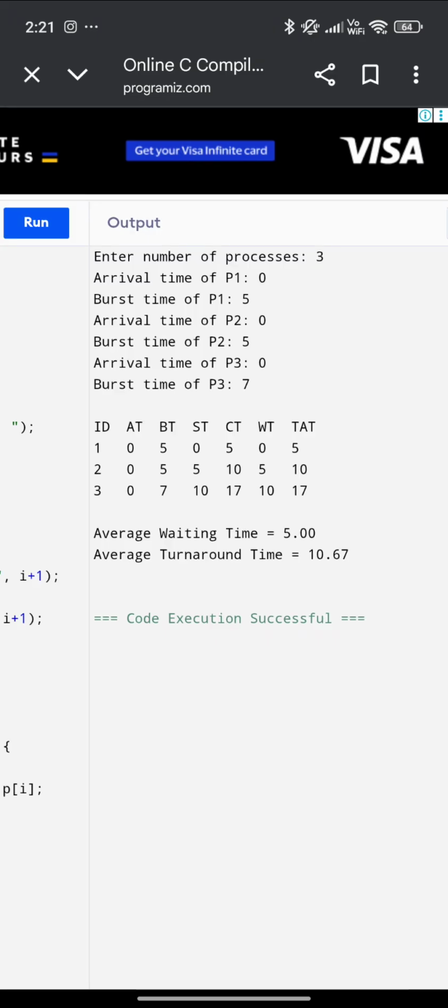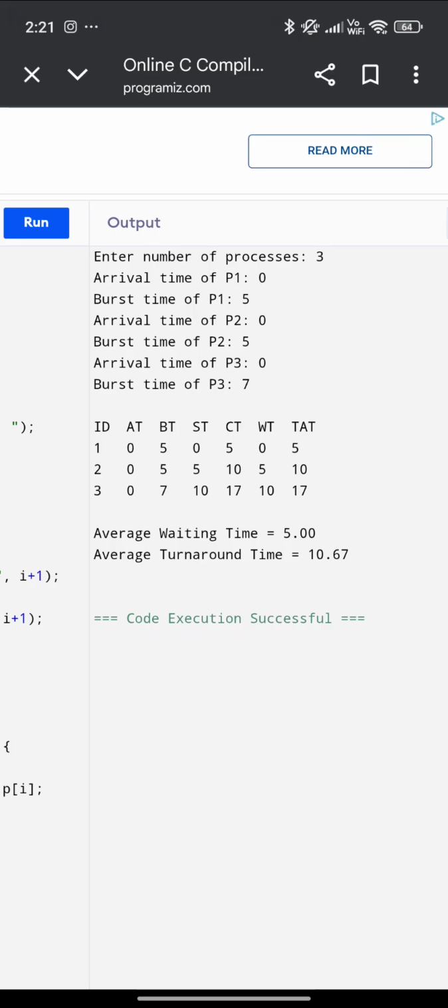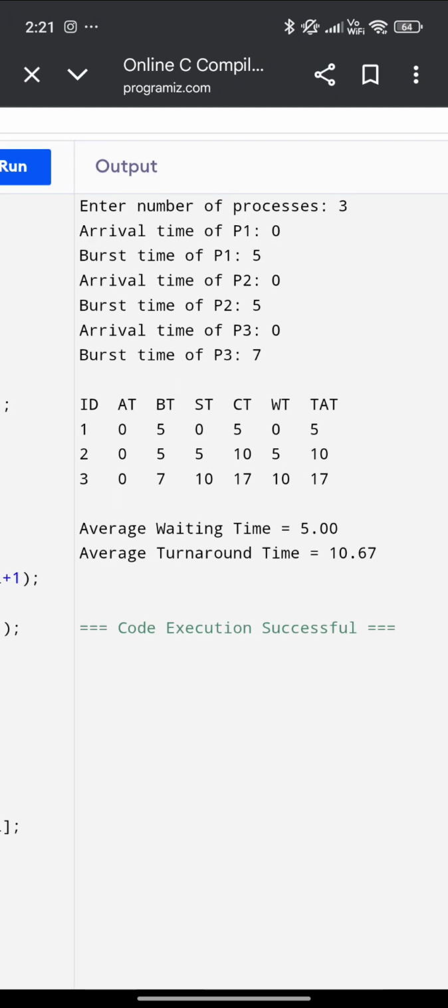And here we have to calculate the average of the waiting time. So we do 0 plus 5 plus 10 divided by 3, then we get an answer of 5. And the average turnaround time is calculated the same way: 5 plus 10 plus 17 divided by 3, and the answer will be 10.7. This is all about the code and output. Thank you.